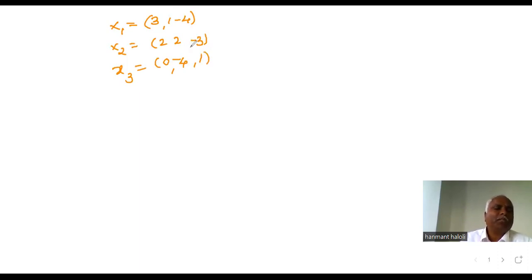Now observe it clearly. Here 3 and 2, there is no relation between them. If you multiply something you can check it. Here 1 plus 2 is 3, and here minus 4 and minus 3, no relations. If you multiply something and add it to the equations, we check.